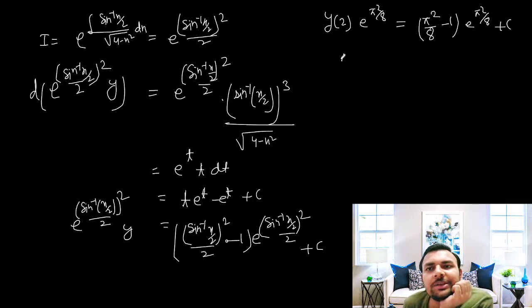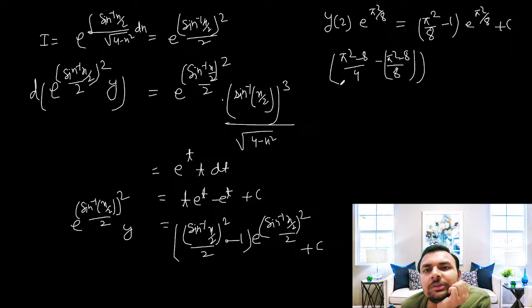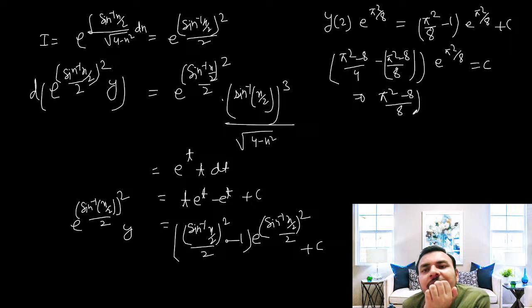So it is pi square minus 8 by 4 minus pi square minus 8 by 8 e to the power pi square by 8 equal to c. 2 pi square minus pi square plus 8 minus 8 by 8 e to the power pi square by 8 equal to c.